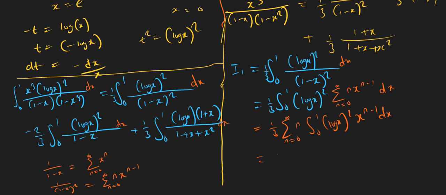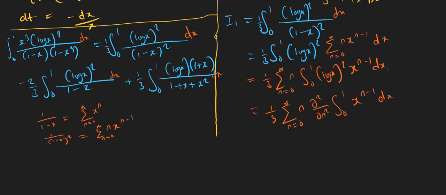So here you have 1/3 of the sum as n runs from 0 to infinity of n. Then here, because of the logarithm of x squared, this is just partial squared partial n squared of the integral from 0 to 1 of x to the n minus 1 dx.